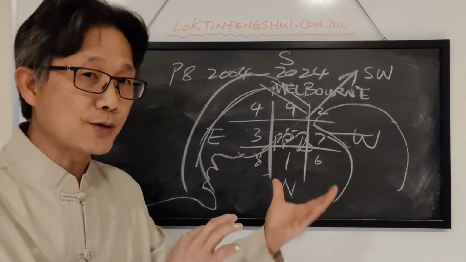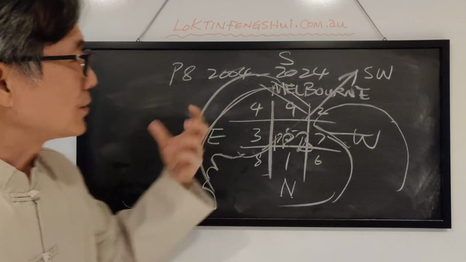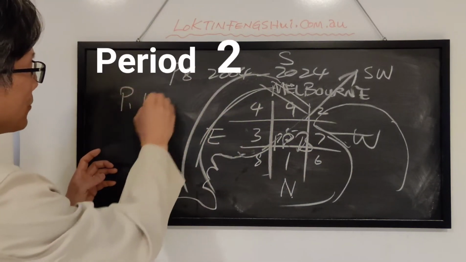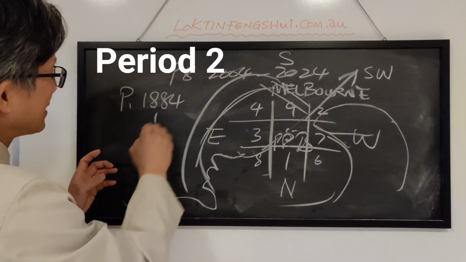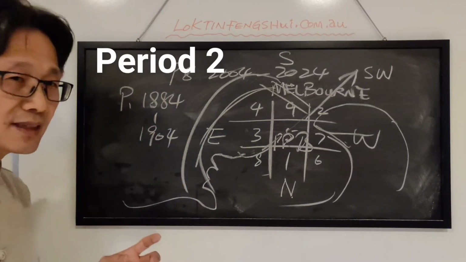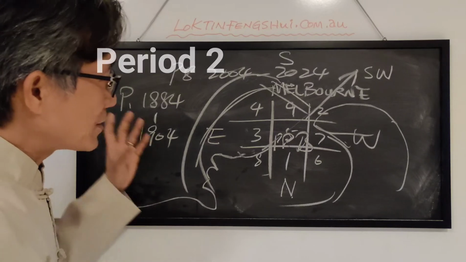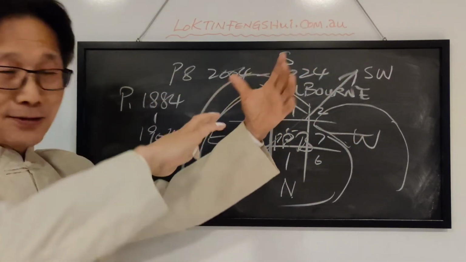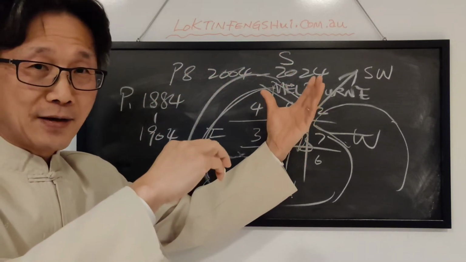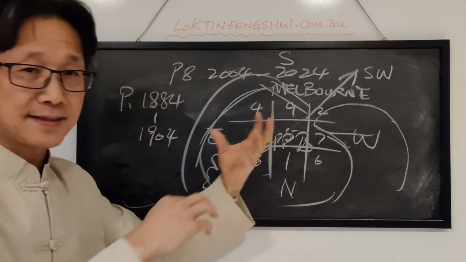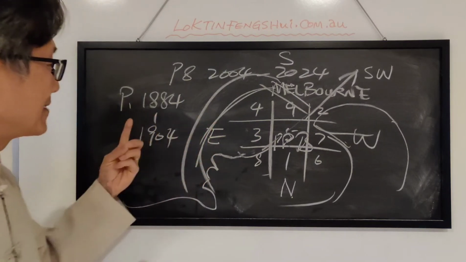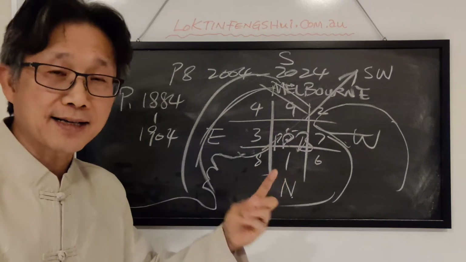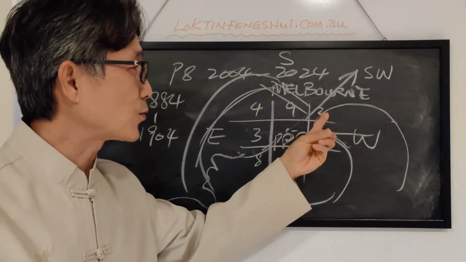Period 2, if you work it out, is 1884 to 1904. In period 2, we want this area taller, higher, so the chi will be utilized. But back then, the chi is incorrect. It is going down to the water.